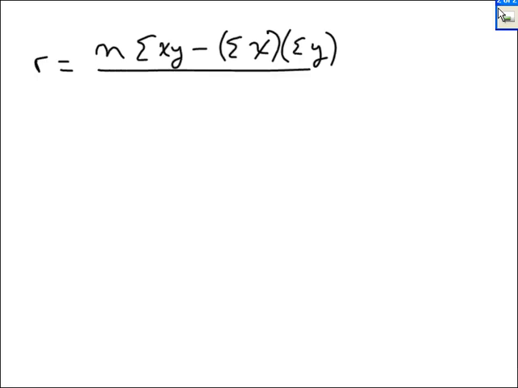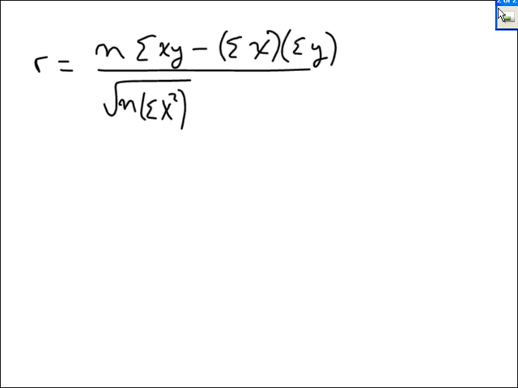And this gets divided by the product of two square roots. The first one is n times the summation of x squared minus the summation of x, and then we square that result.